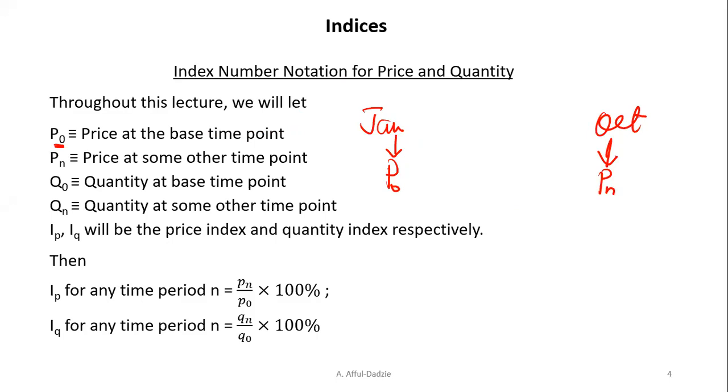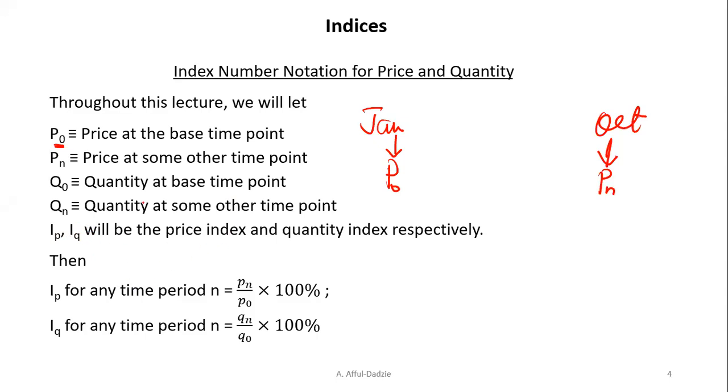The same applies to quantities. Q0 represents the quantity at the base time period, and Qn makes up the quantity at some other time point. Now, IP, which is the price index, P representing price and I representing index, and IQ will be the quantity index.